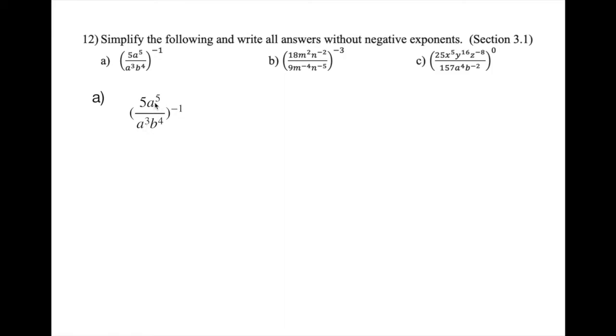So we may simplify this first. How to do that? We know that for the quotient of exponential expressions with the same base, we can use a new power. The power should be the subtraction of the previous two powers.